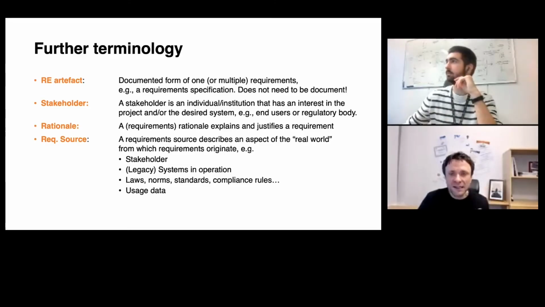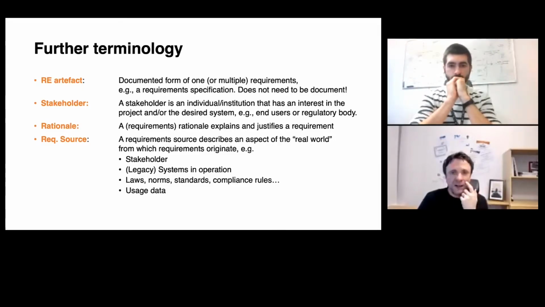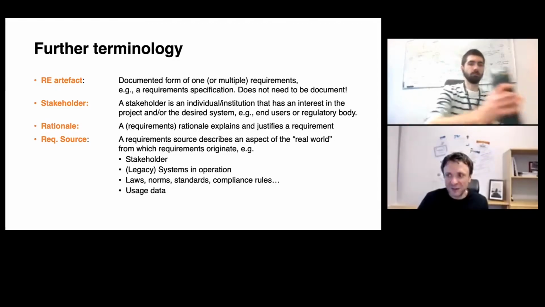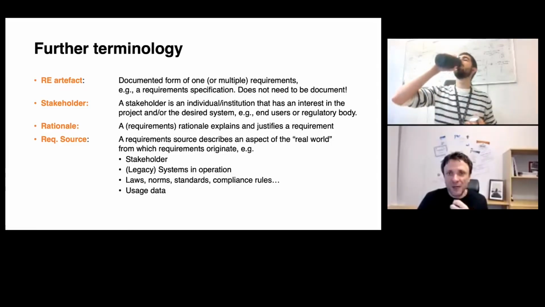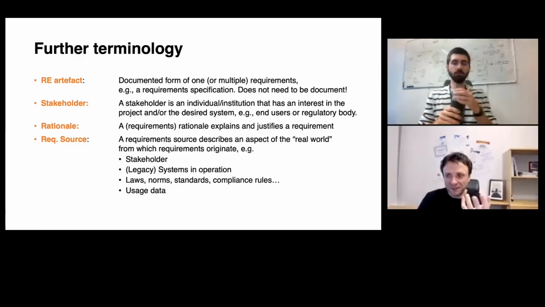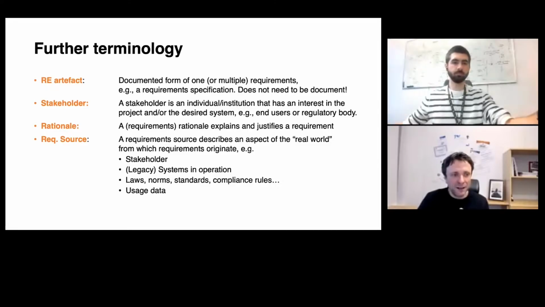Interest in a system does not mean interest in the success of a system. So think of the workers' union. The job of the workers' union is to ensure that certain regulations are upheld, which means that if a system goes live or not is not really interesting to them. What is interesting is that if we have a system, that it preserves whatever is agreed within this regulatory body.